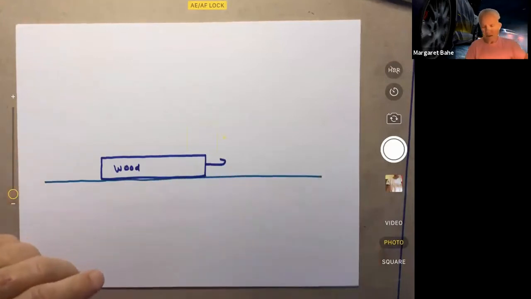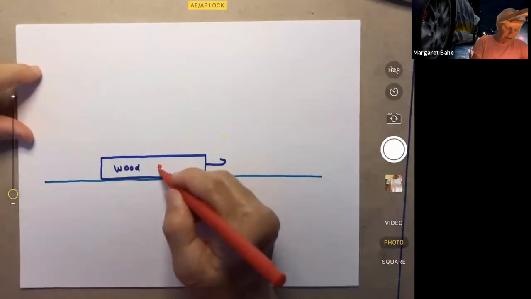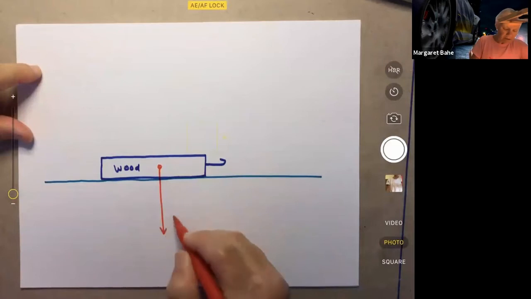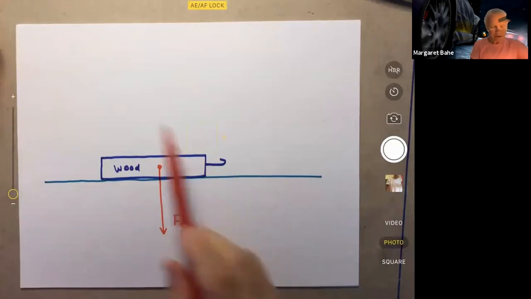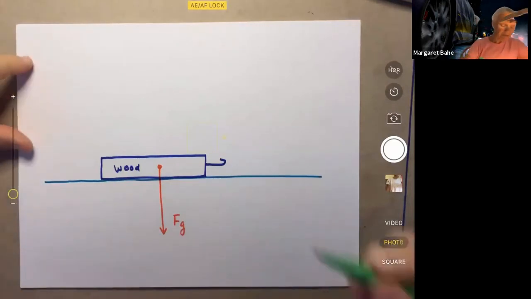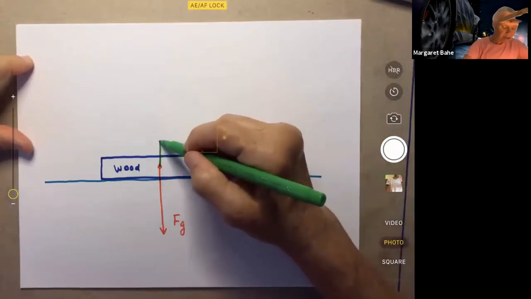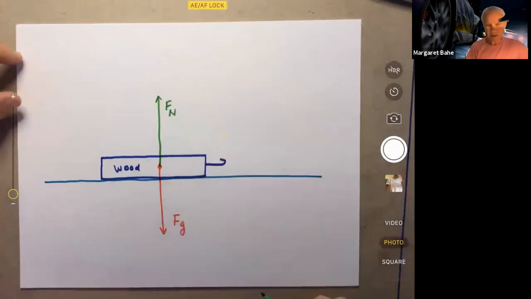As it's sitting here on our table, we know that there's the force of gravity pulling down on our wood, including all the mass that we might place on top of our wood. But of course, it's not crashing to the floor because the table is pushing back. It's creating the force normal on our piece of wood.